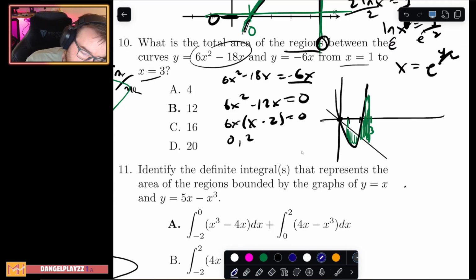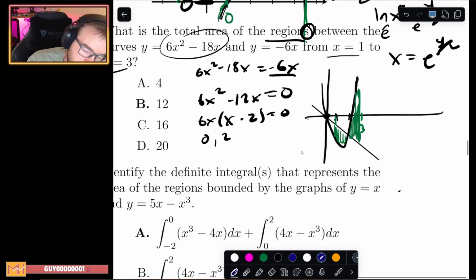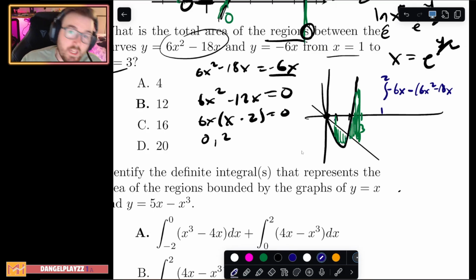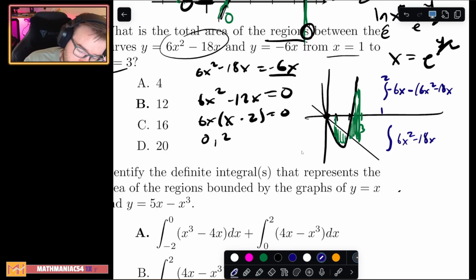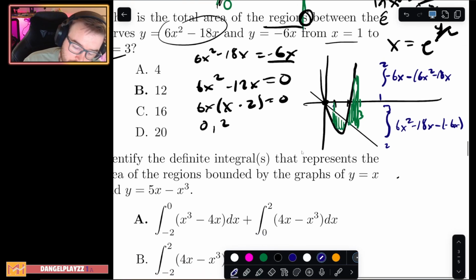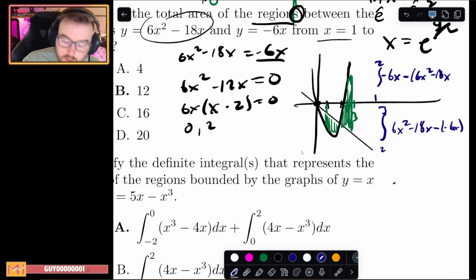So there's one region where the line is on top of the curve. And then when they intersect and cross each other, suddenly the parabola, the curve, is now on top of the line.